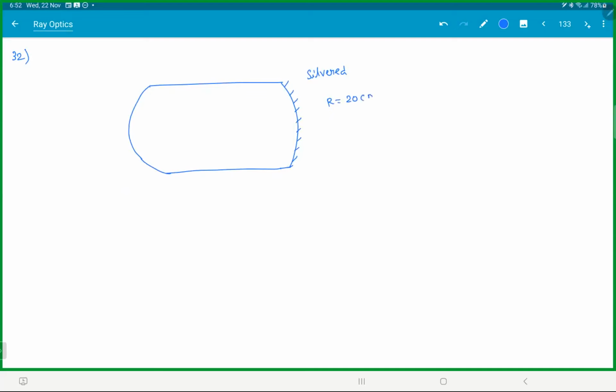Radius is 20 centimeters. This side radius is 10 centimeters. This is the principal axis. This is the object at a distance of 40 centimeters from here. This distance is x. I don't know how much this is. The question is find x if the final image forms on the object itself.